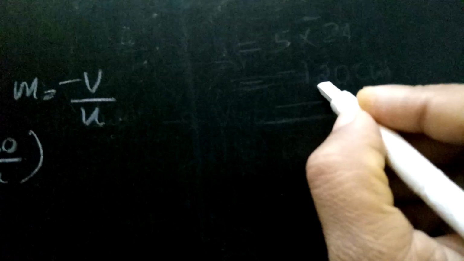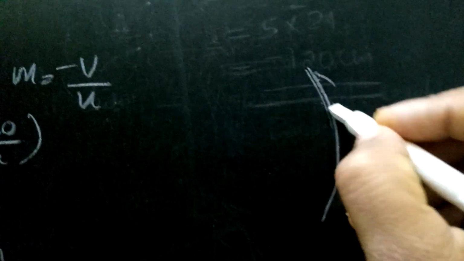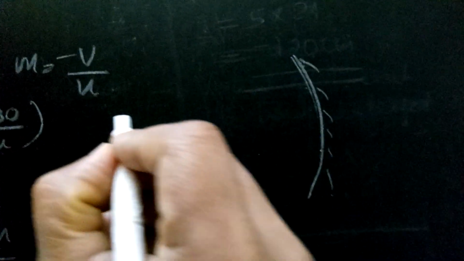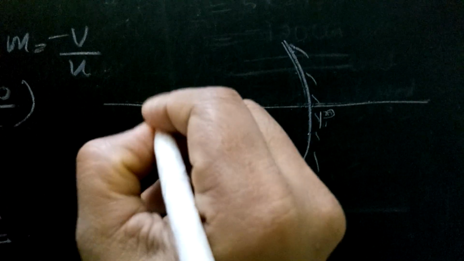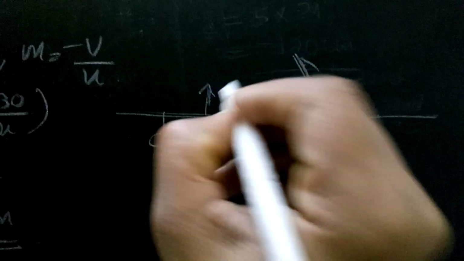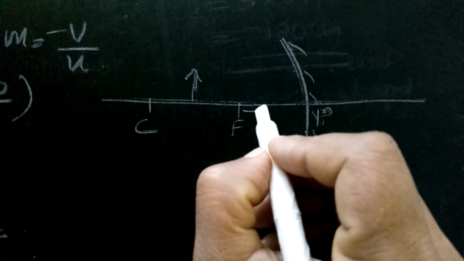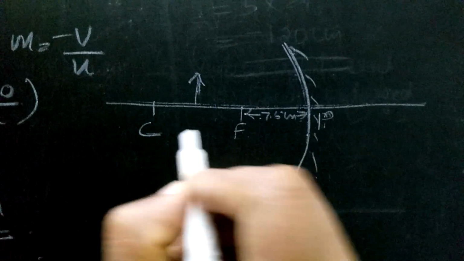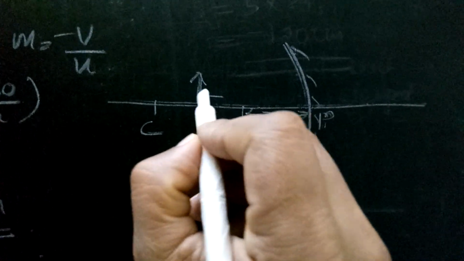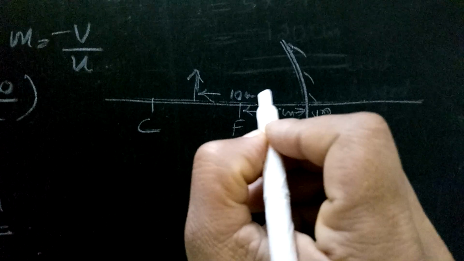So you have to draw the diagram. P, then F, then C. Here you should keep the object, and then this is focal length 7.5 centimeter, and then object distance 10 centimeter.